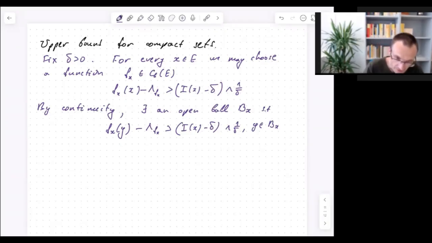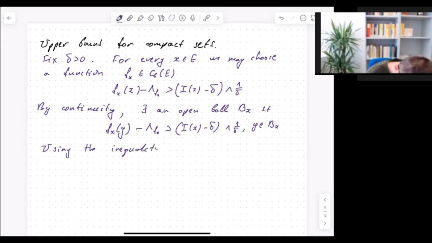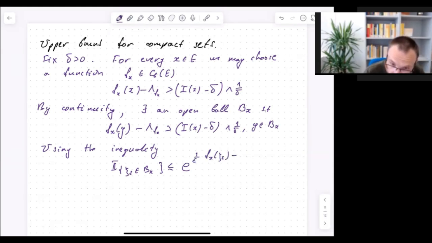And then also let's note that we have for free the inequality that I will just write: the indicator function that psi epsilon belongs to that ball is less or equal than e to the power 1 over epsilon, and here we will write f_x(psi epsilon) minus the infimum of the function f_x over the ball with radius x.